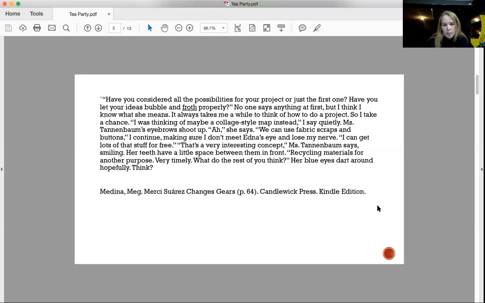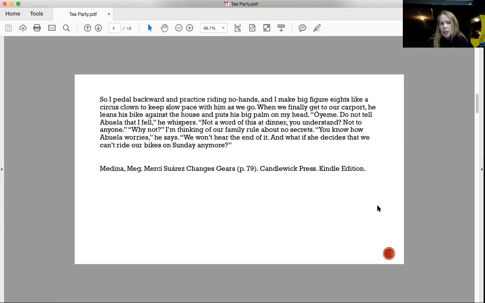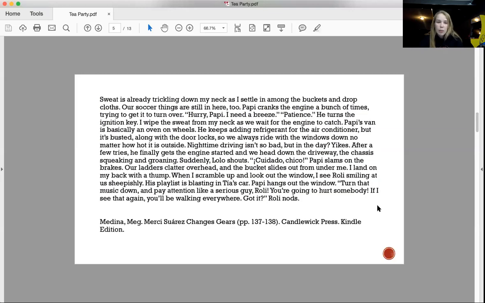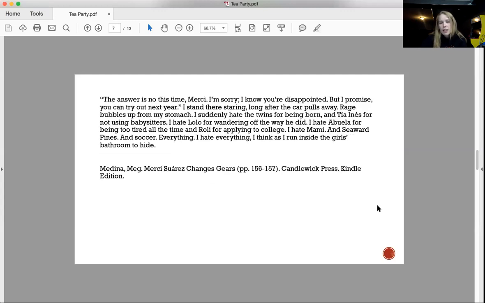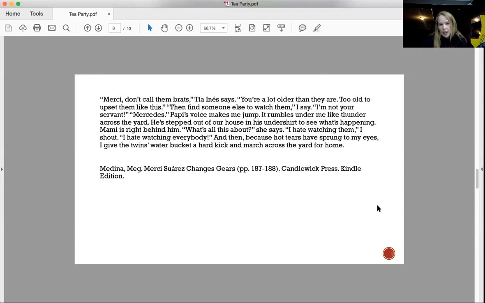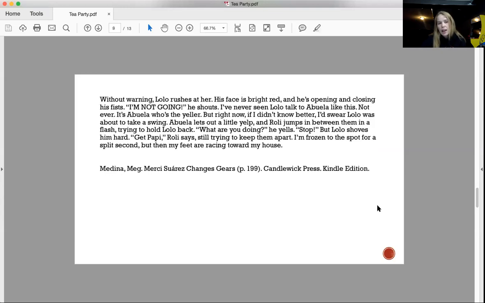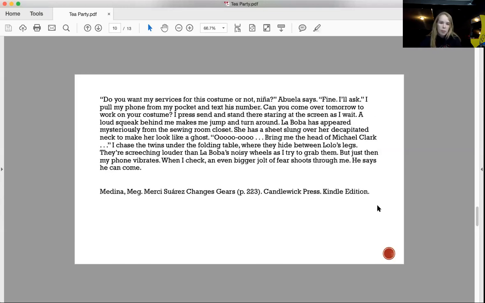Here's another one that talks about another important thing throughout the book. I took notes as I was reading about the different excerpts that I thought were main points of this book and how it reflected on the book. I'll just go through these real quick. Some are longer than others, but it's a good way to have a quick discussion and have the students deepen their understanding about a book.